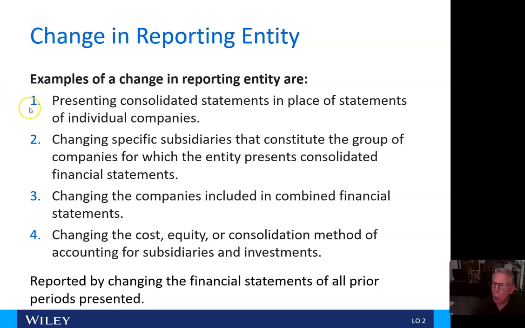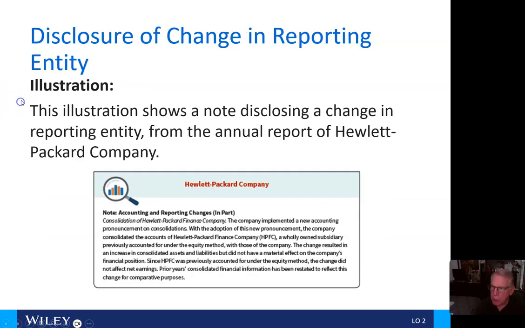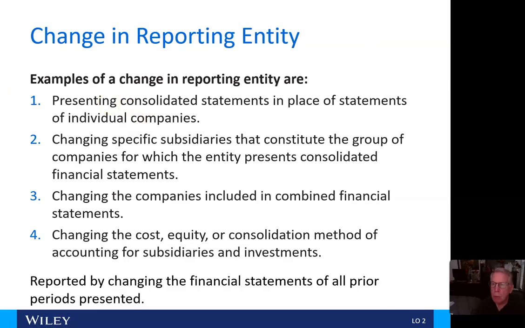And here, number 1, presenting consolidated statements in place of statements of individual companies. Number 2, changing specific subsidiaries that constitute the group of companies for which the entity presents consolidated financial statements.